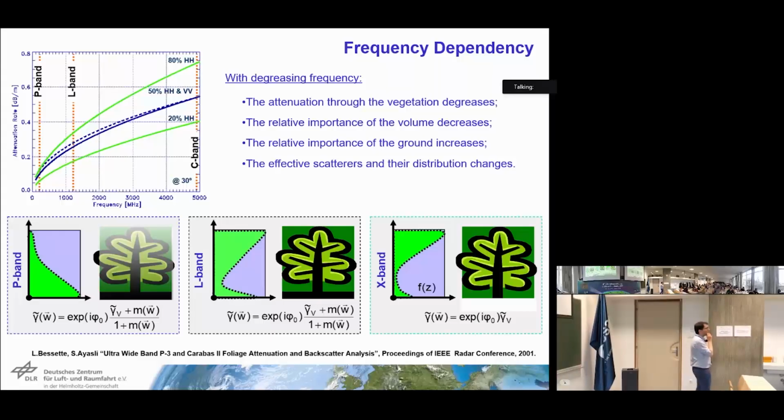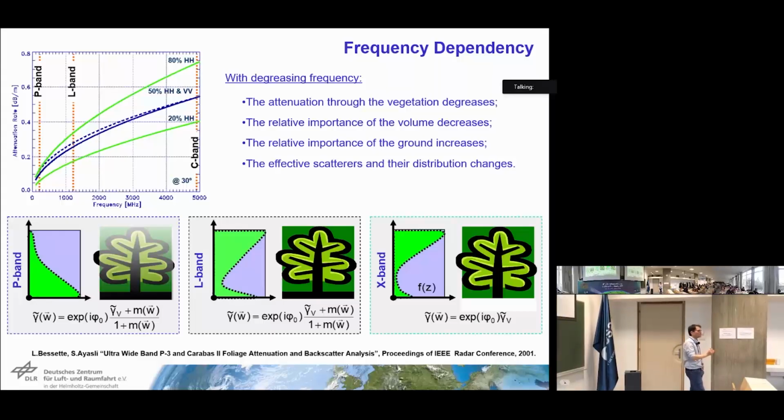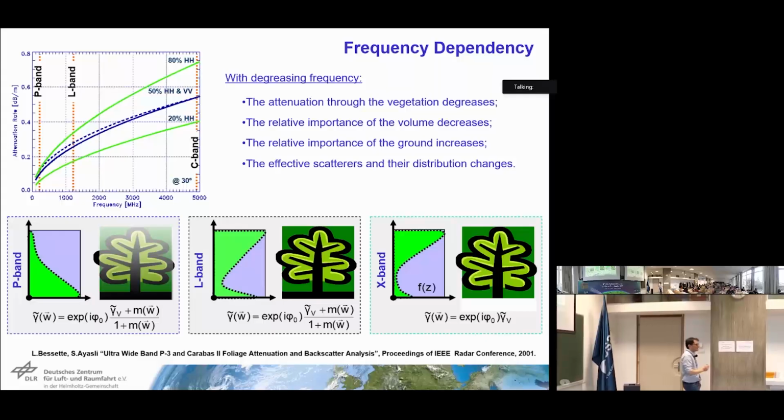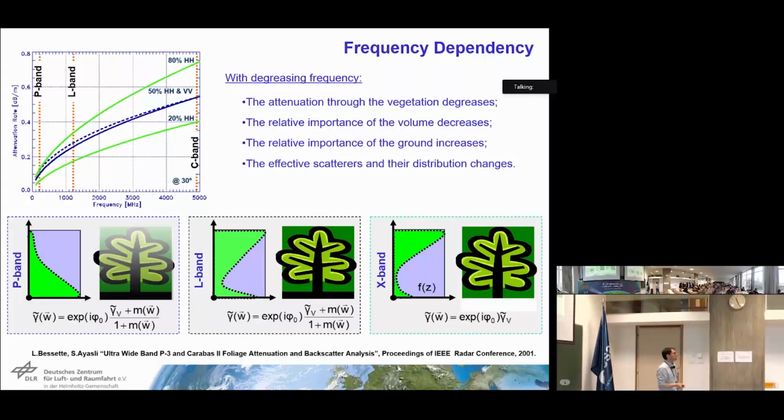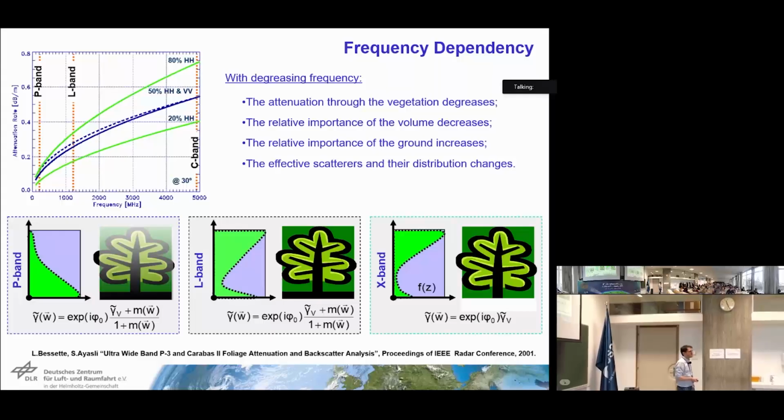So you see that getting information about forest structure is not a single-frequency problem, but intrinsically a multi-frequency one. What one frequency doesn't see will be seen by a different frequency.